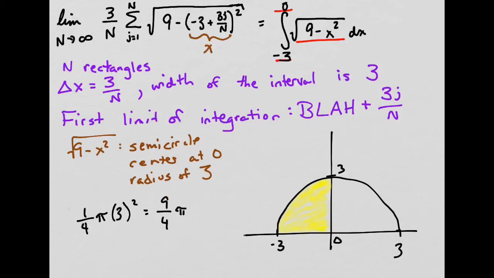And so our ultimate answer to this is 9 pi over 4, which is kind of cool that we were able to do that so easily by just being able to recognize, number one, what this is asking us to solve, writing it in this form, knowing that this is asking what's the area under this curve from this value to this value, drawing it, and then using some geometry to solve. So it's pretty cool that we can do that.